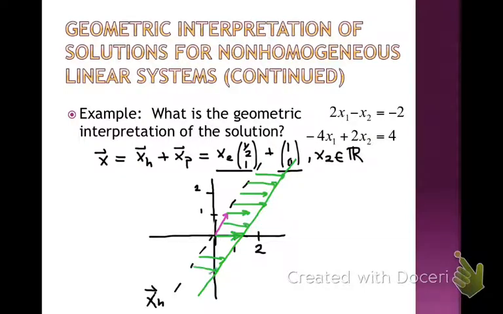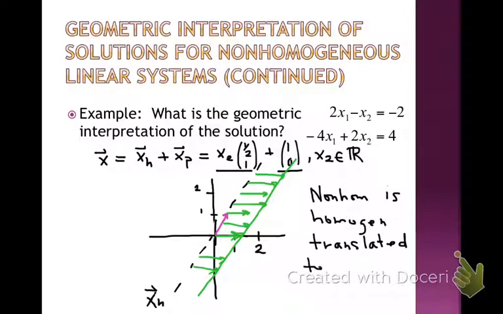And what that ends up doing is simply translating the line over to the tip of the vector 1, 0. So the non-homogeneous solution is the homogeneous solution simply translated to the tip of the particular vector, which is xp.